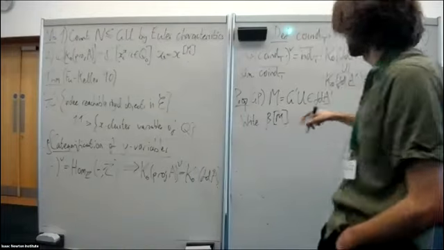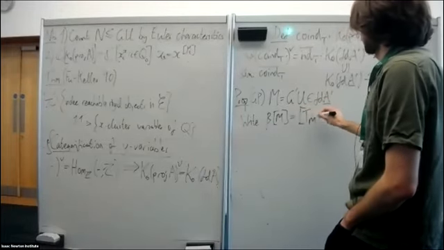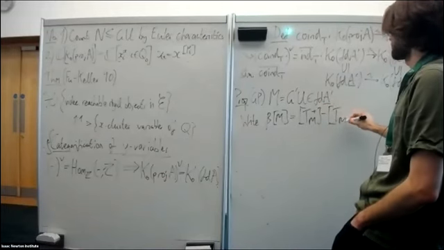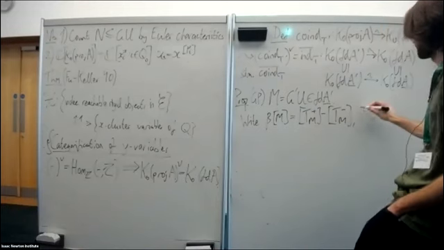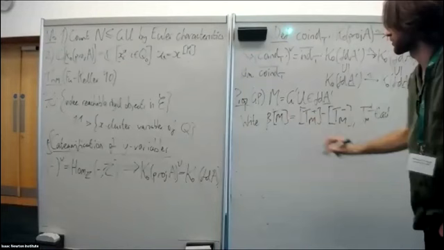Remember that was co-ind m minus ind m, almost uniquely as a difference of two summands of t prime. Sorry, so this should be beta prime.